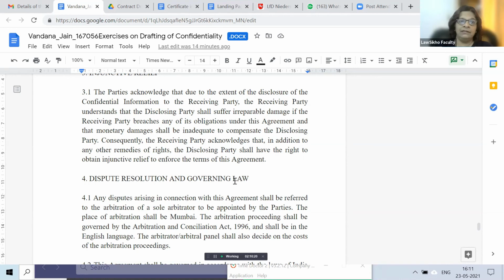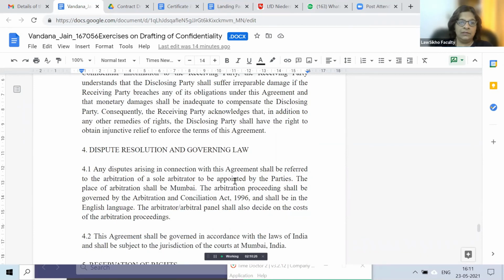Okay. Right? Yeah. So in the first instance, it will go to the arbitrator. And because one of the parties is Indian here, and its information is being disclosed, it's very logical that you choose that as the governing law.